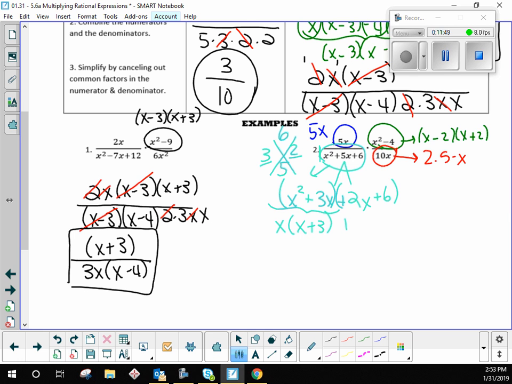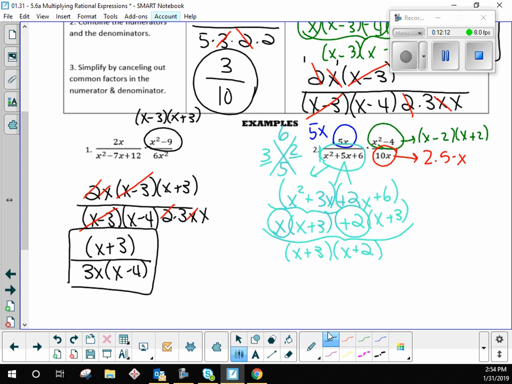Positive 2. Hayden, what do I do after this? So now I look at this entire group. That's right. The leftover here is x. The leftover here is 2. So now I have factored all 4 things.